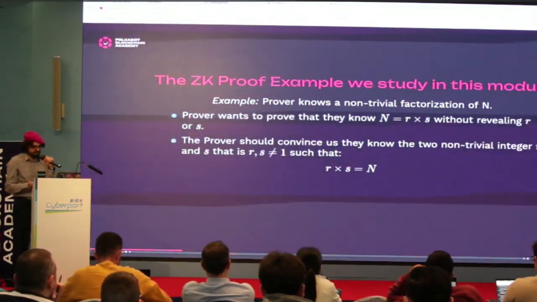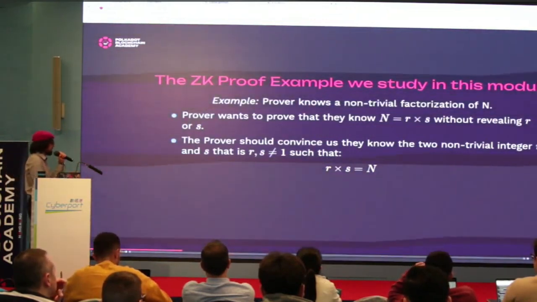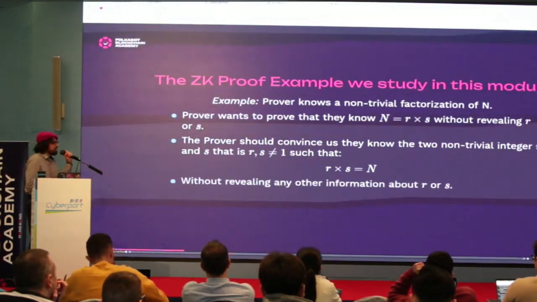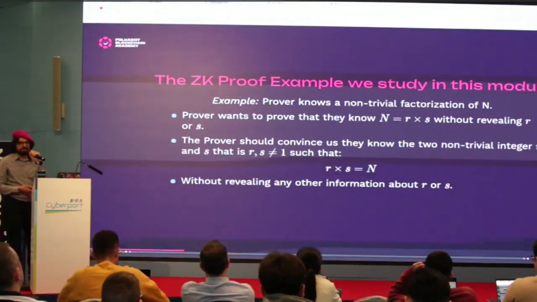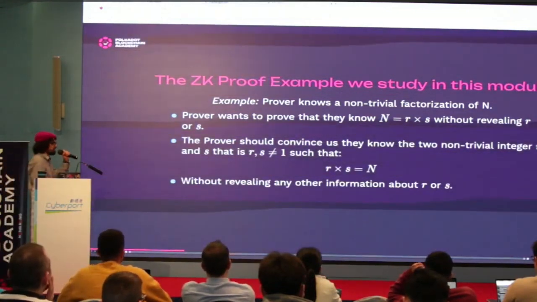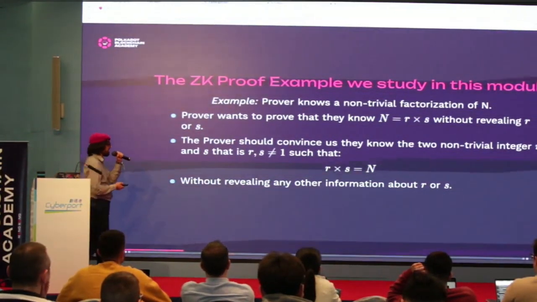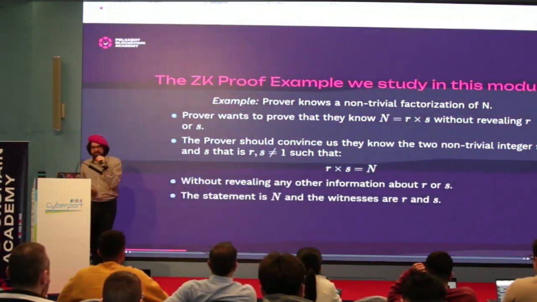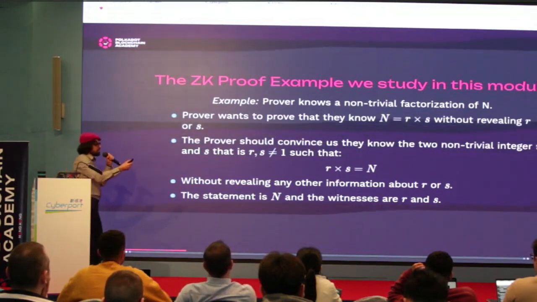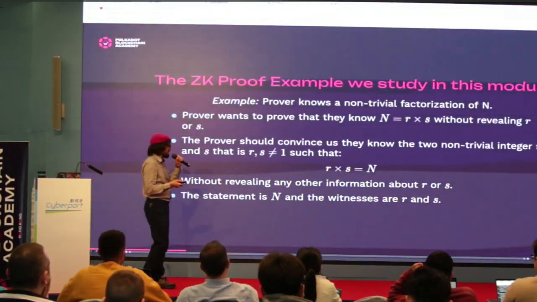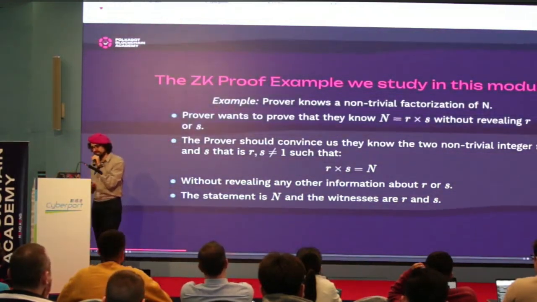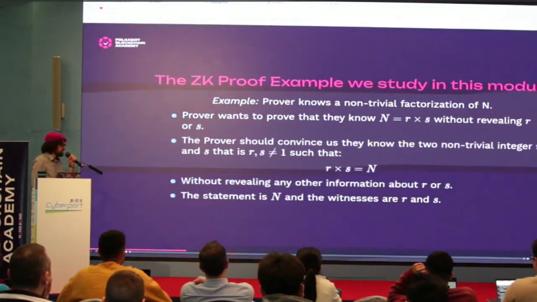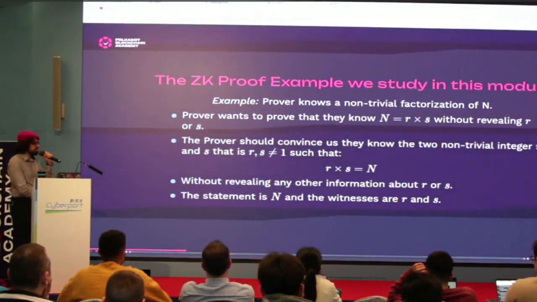None of them are 1. But that's basically all there is. They don't want to tell you anything else: r times s equals n, and they are not equal. So again, the statement is this factorization, r times s equals n, and the secret inputs are r and s. So this will be our toy example for today.